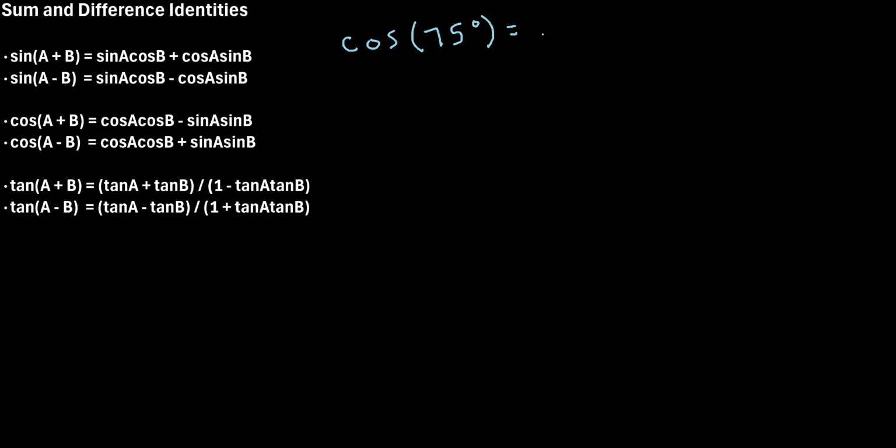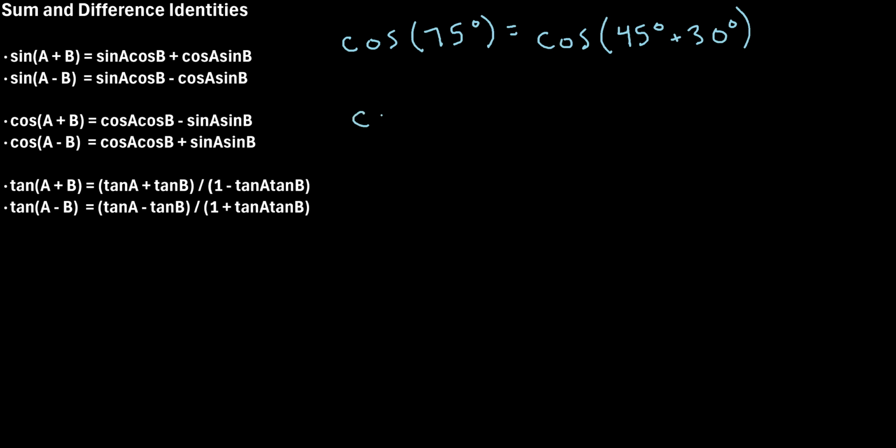We can rewrite this to be the cosine of 45 degrees plus 30 degrees, since 45 plus 30 adds up to 75. So if we refer to our cosine of A plus B identity over here, we can rewrite this as the cosine of A times the cosine of B minus the sine of A times the sine of B. So let's write that.